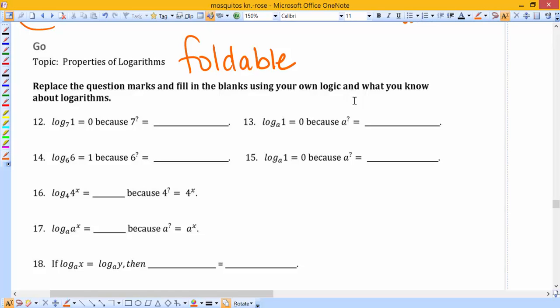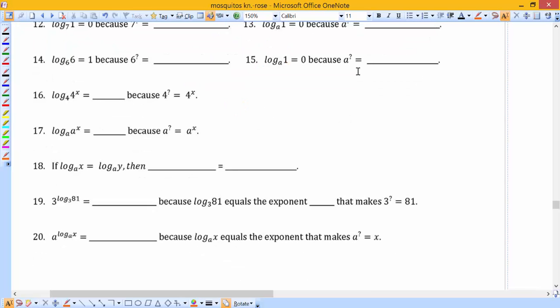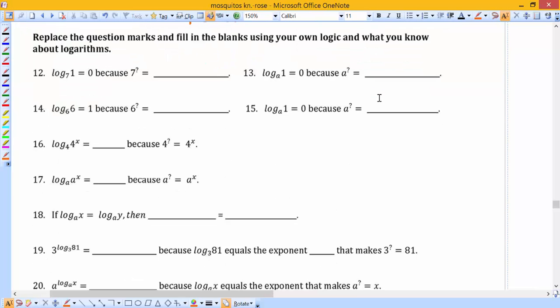So use your foldable here. Take your time with this. Please make sure you're checking your answers. Don't overthink these. These are really simple. For example, if I'm looking at number 12, it's saying log base 7 of 1 equals 0 because 7 to the something equals.